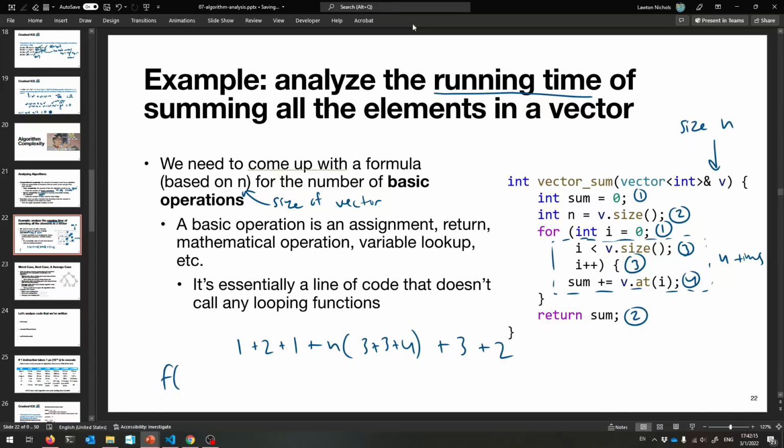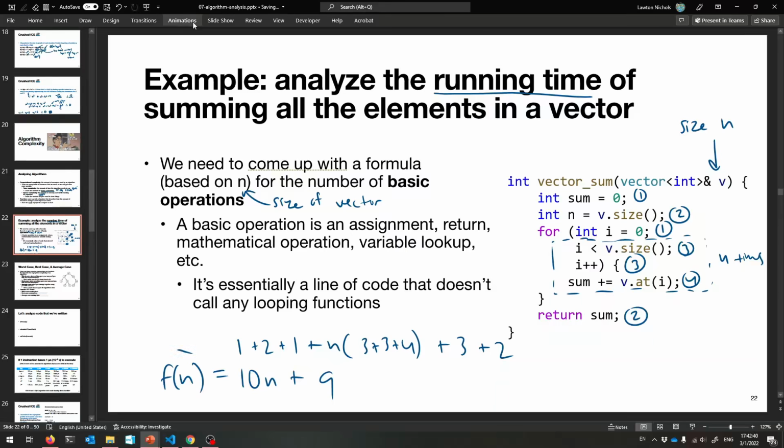So the function that describes how many basic operations for an input size n is, let's try and compute this. It's going to be 5, 8, 9. So something plus 9. And then this is 7, 8, 9, 10. 10n plus 9.